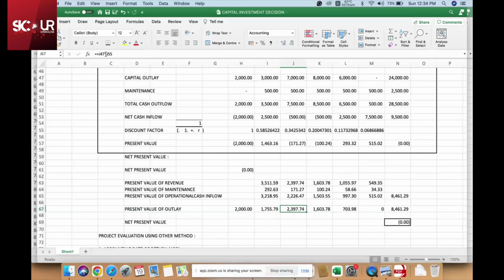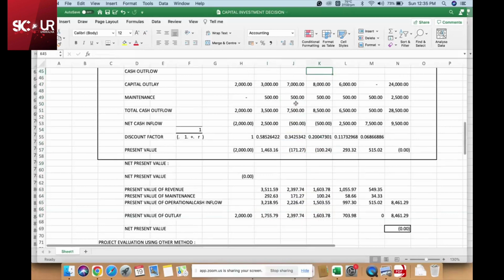The same thing here. 7 million in year 3 is actually only 2.3 million in present value. Here, 8 million in year 3 is only 1.6 million, and 6 million in year 4 is only 700,000.